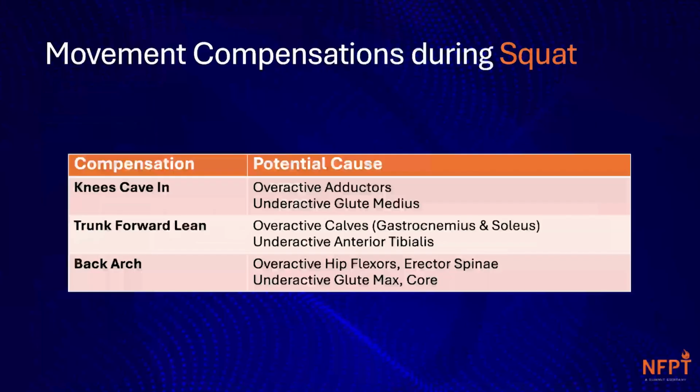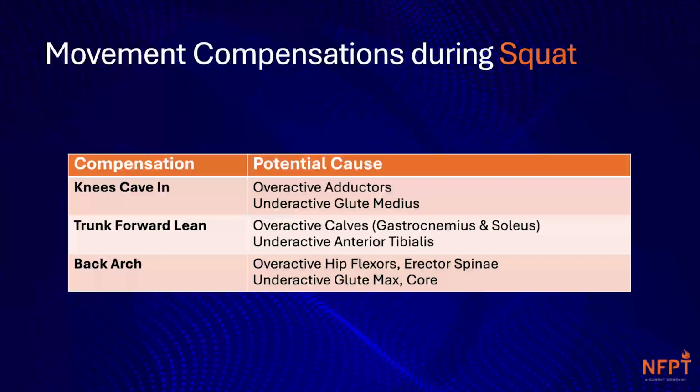All right, let's move on to some movement compensations that you'll see during a squat, very specifically during a fitness assessment. The first thing that you might see during a squat is that the knees might cave in or they might be migrating forward in towards the midline of the body. And that would be an indication that the client has overactive adductors.